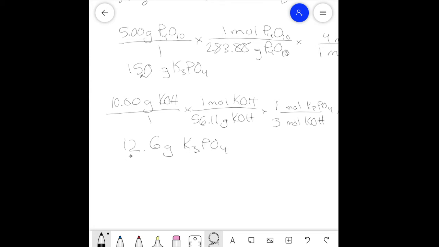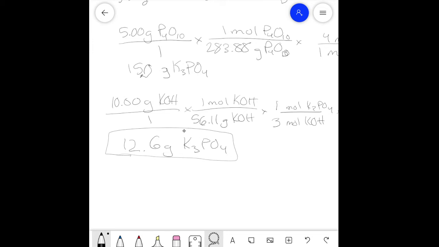So, since the second reactant, this 10 grams of potassium hydroxide, gave us the smaller theoretical yield, this is actually the amount we want, because you always want the smaller one. Because this one is now impossible, because once we run out of potassium hydroxide, it stops.